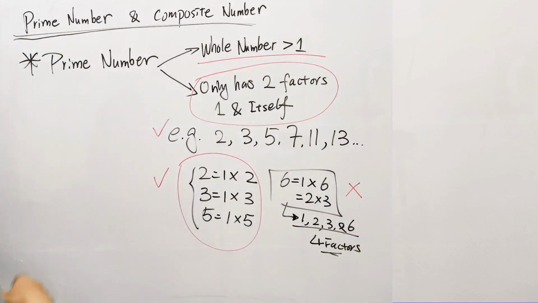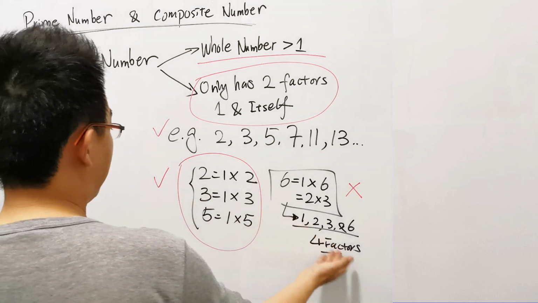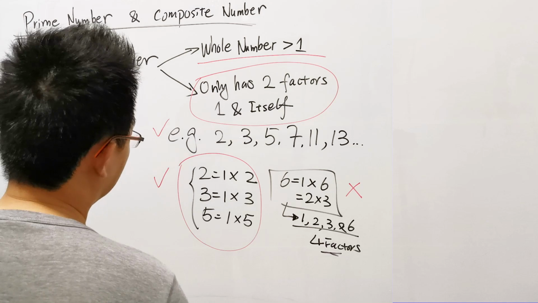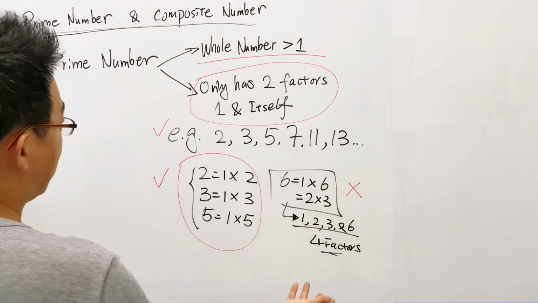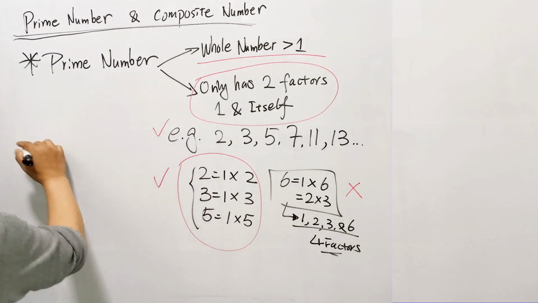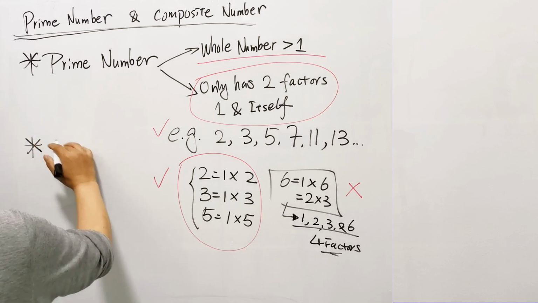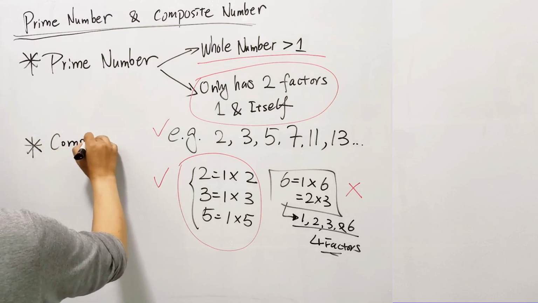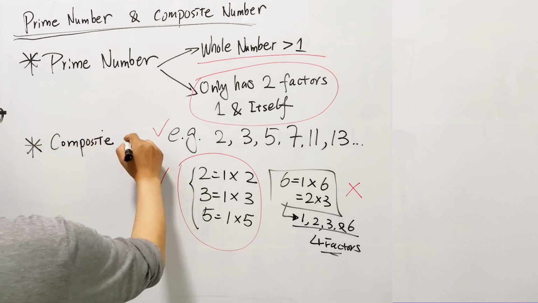So let's look at the opposite. If it is not a prime number, what is the number? Because it has 4 factors, it is a whole number greater than 1, so we bring in another concept, called a composite number.